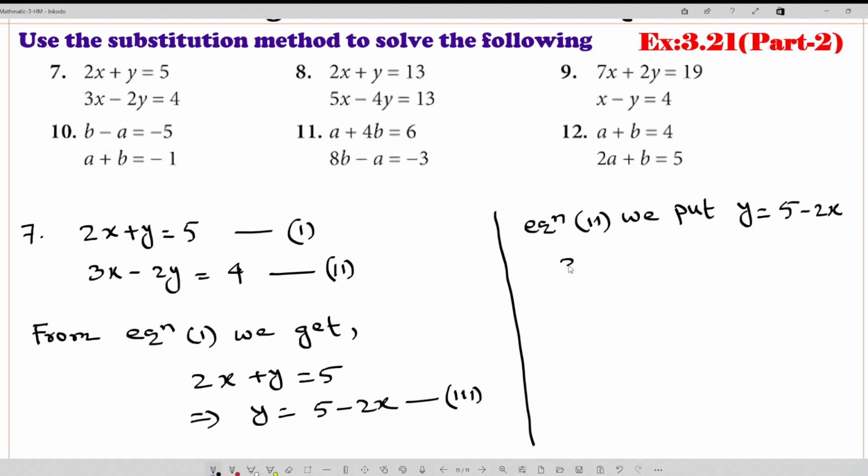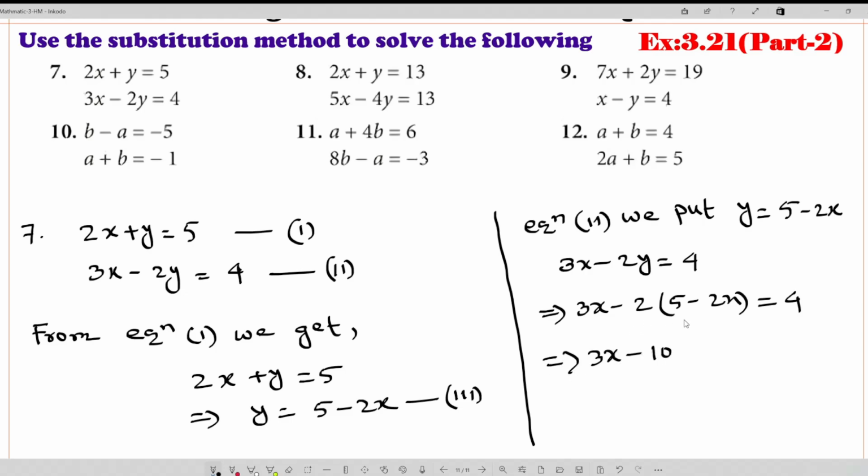So here is 3x minus 2y equals 4. Then 3x minus 2 times (5 minus 2x) equals 4, right? Then 3x minus 10 plus 4x equals 4.